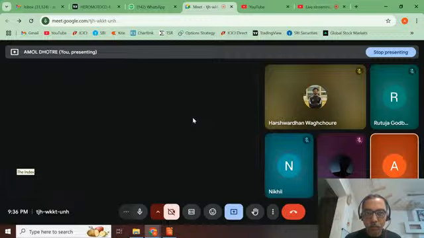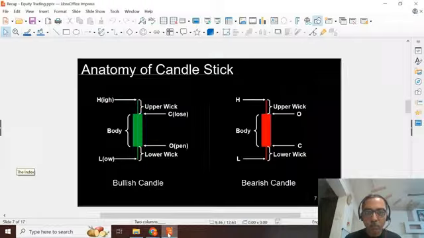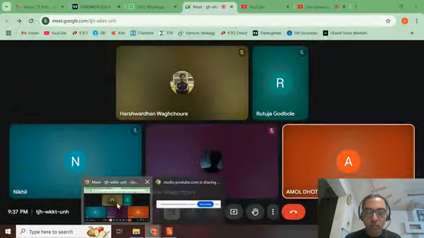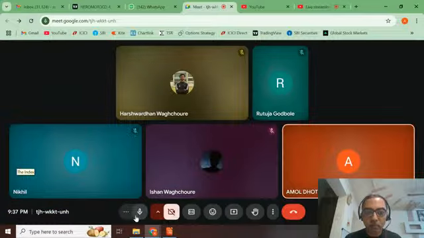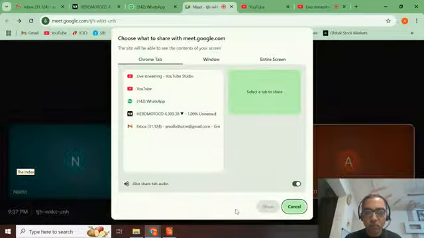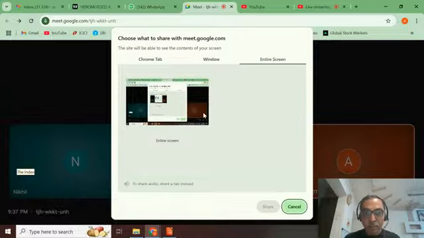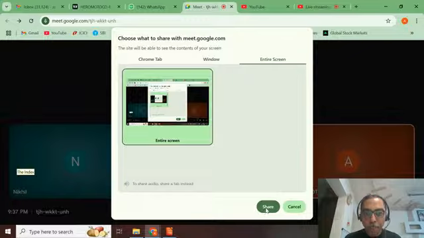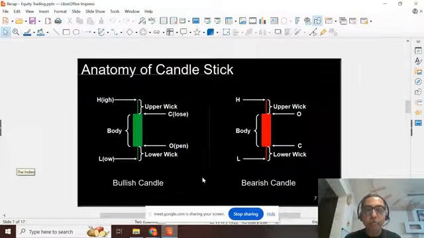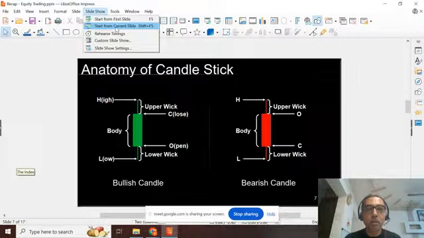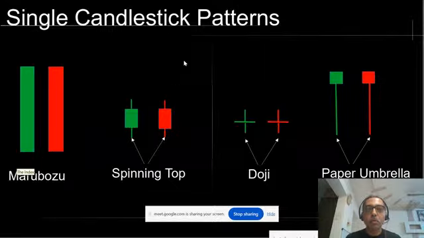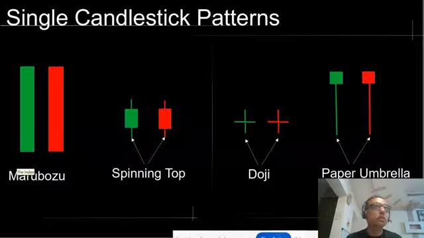Stop presenting. If I share the entire screen, share slide. Okay, I have now changed the shared settings.